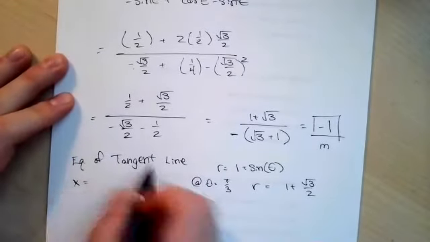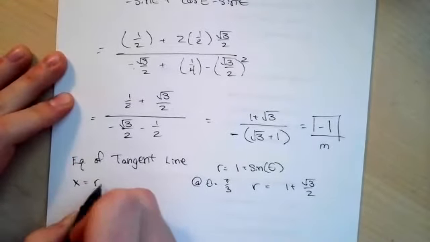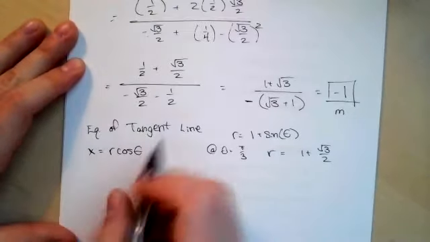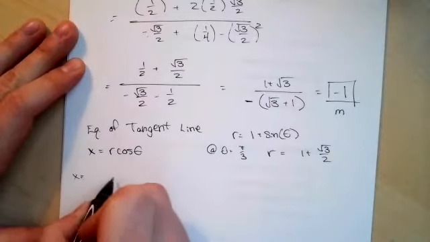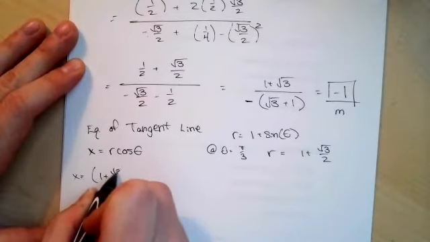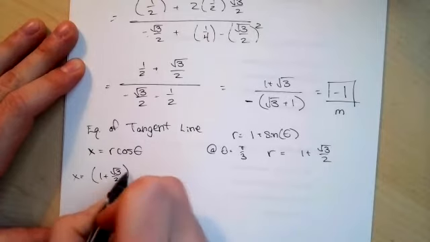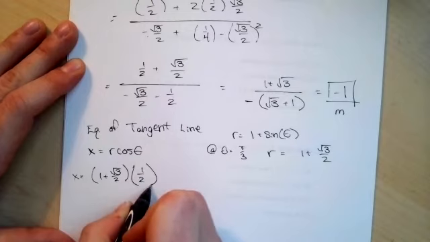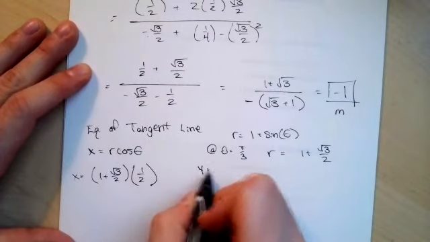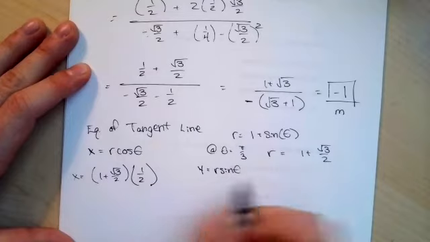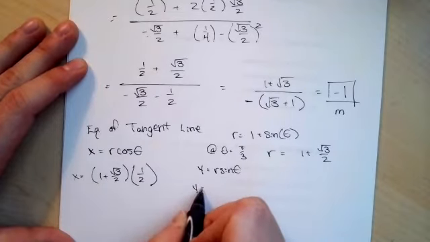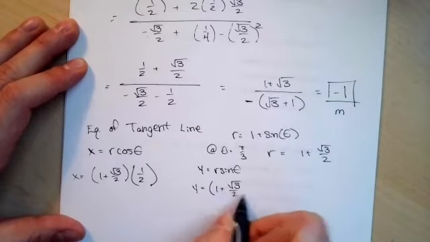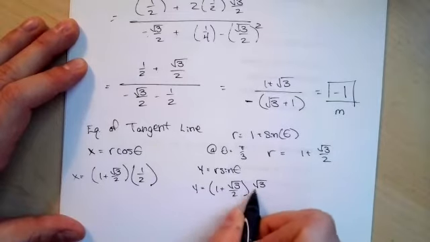And so if we wanted to compute our corresponding x and y, we would use our defining equation. So x is r cosine theta. So x is going to be r, 1 plus root 3 over 2, times cosine theta, which is 1/2. Our y is r sine theta. So our y value is 1 plus root 3 over 2 times root 3 over 2.